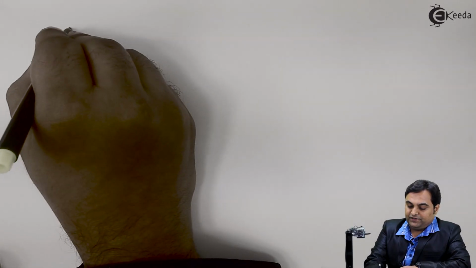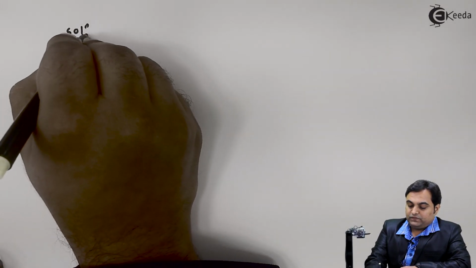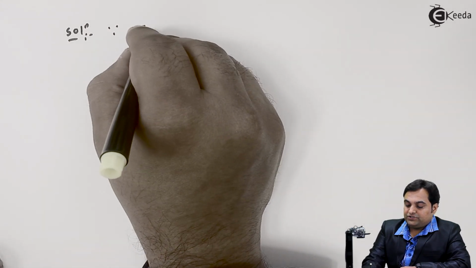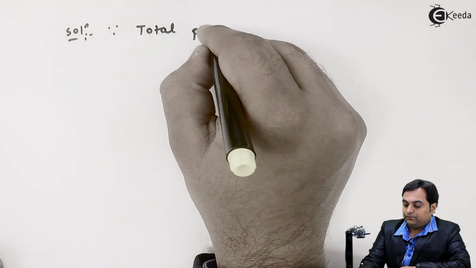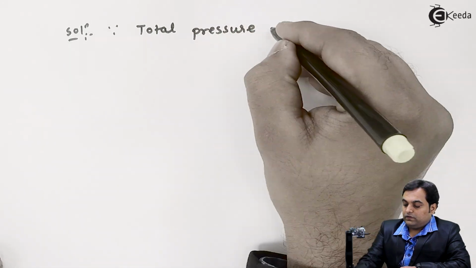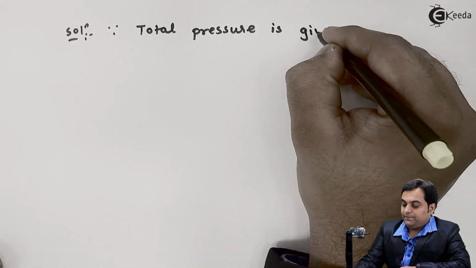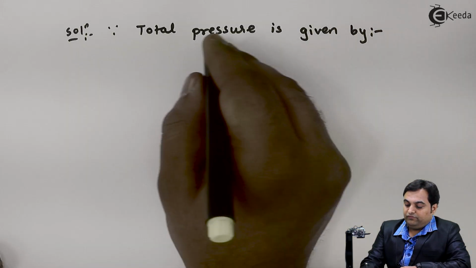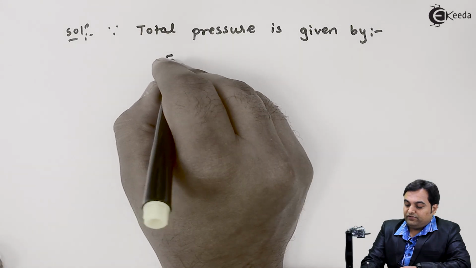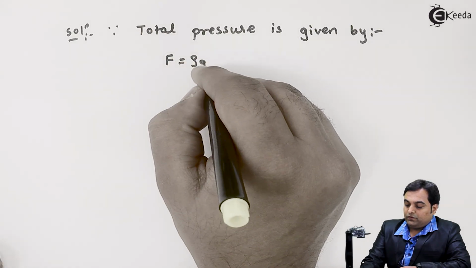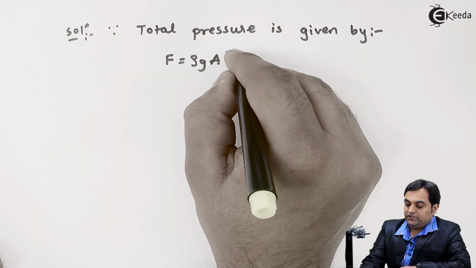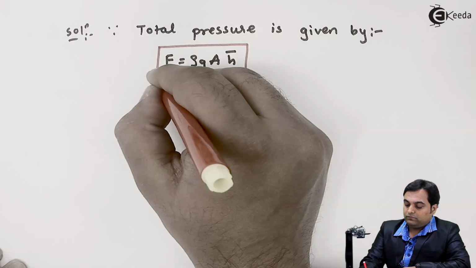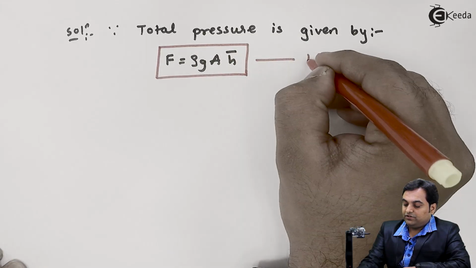I'll write the solution here. Since total pressure is given by the formula F is equal to rho g into A into H bar, I'll call this equation number 1.